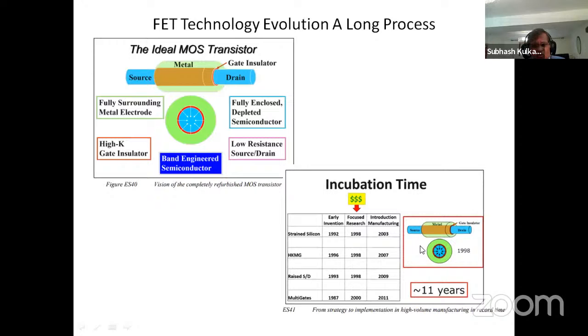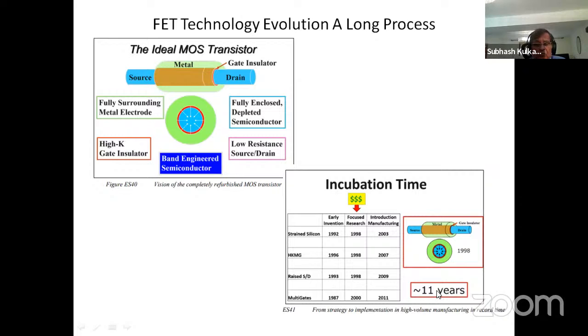This slide just shows you how intensive it is in terms of developing these technologies. It takes about 11 years for a new technology generation to go from, say, strained silicon, then you went to high K material, raised source and drains, multi-gates. So these are the steps we are taking, and each of these takes 11 years.